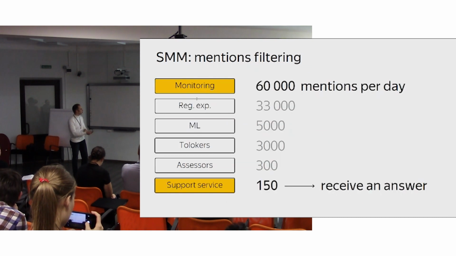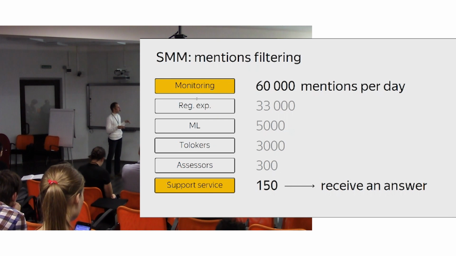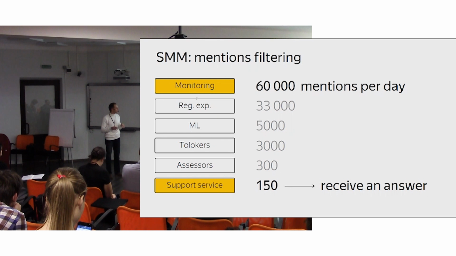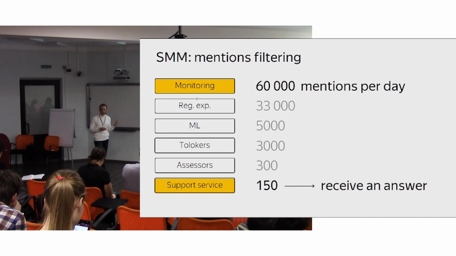And it works as follows. About 60,000 mentions per day are registered. Simple filters with regular expressions and some other not very intelligent algorithms get us about half of them. Machine learning filters get us about 5,000 of them. Our Tolokers on our platform get us about 3,000 of them.